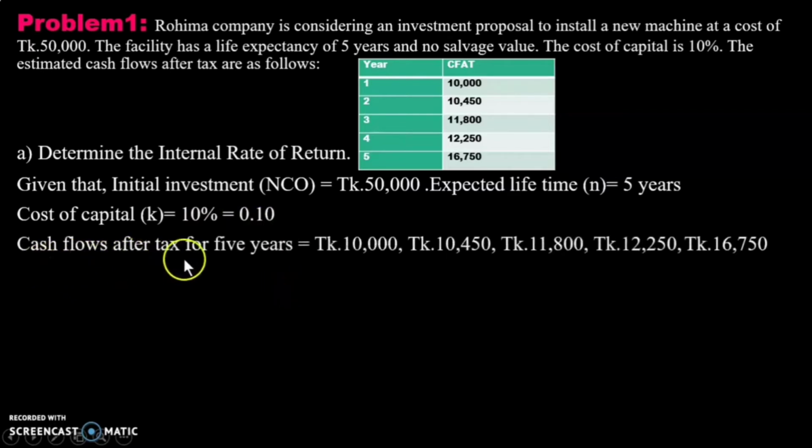Cash flows after tax for 5 years: first year taka 10,000, second year taka 10,450, third year taka 11,800, fourth year taka 12,250 and fifth year taka 16,750. We will be using the present value interest factor.